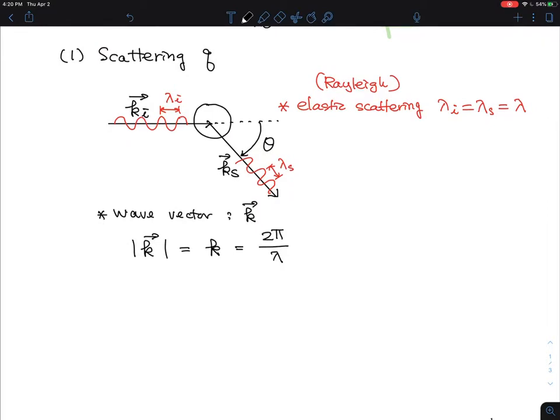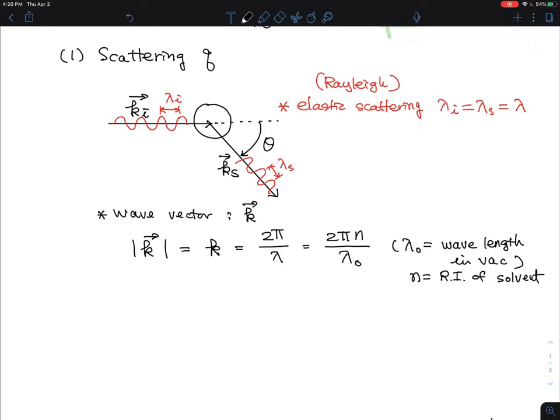We can also define this as 2 pi n over lambda naught, where lambda naught is the wavelength in vacuum and n is the refractive index of the medium. Whether it's solvent or polymer solution, they are not so different, so you can just use that.